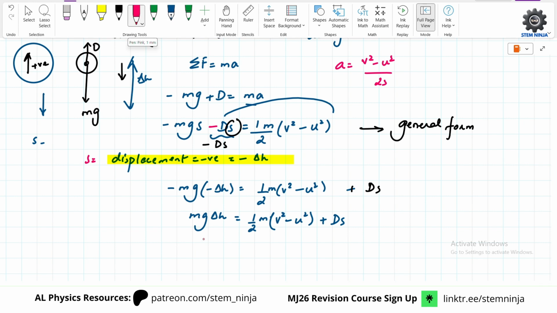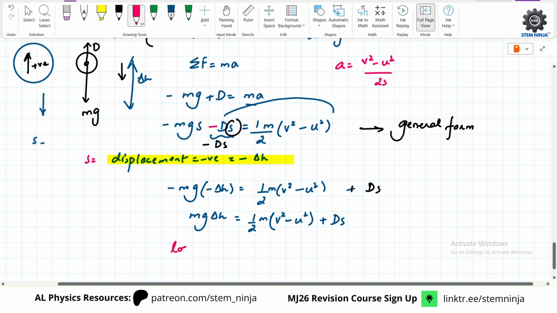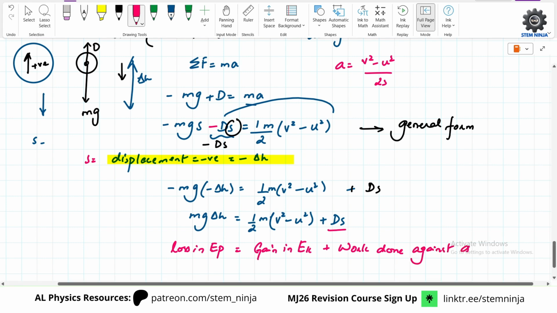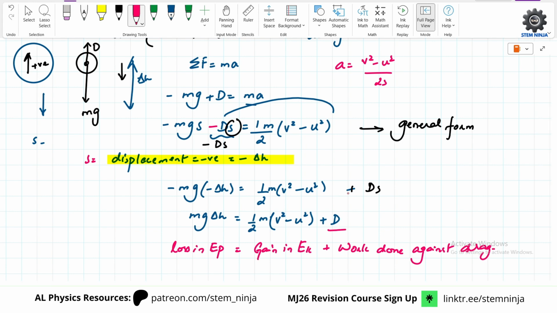So basically what this all means is this is your loss in gravitational potential energy. This is your gain in kinetic energy, and this represents the work lost, or work done against drag. And this S is now delta H.